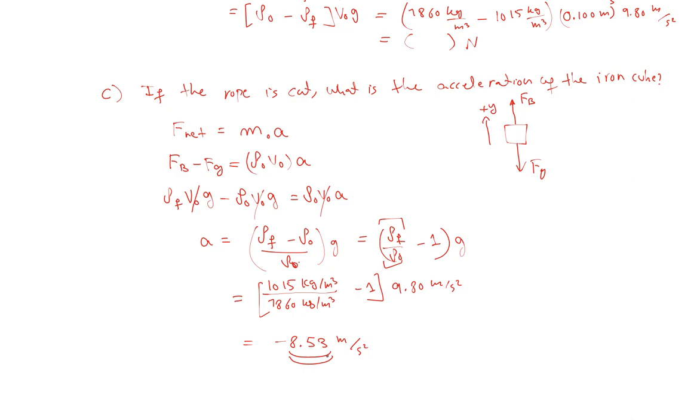It cannot be greater than g because the buoyant force is opposite to gravity, so it can only decrease the downward acceleration. If the acceleration turns out to be upward, then it can have any magnitude because upward force can be anything. But the downward acceleration, its magnitude cannot be larger than g. Okay, so this is what its acceleration is.